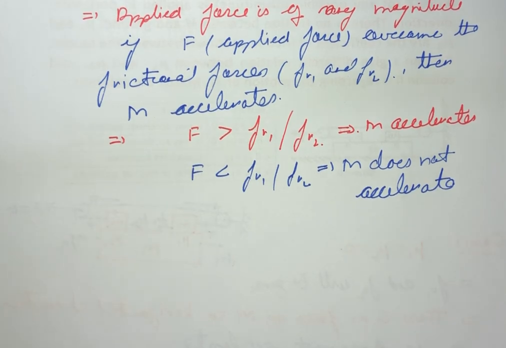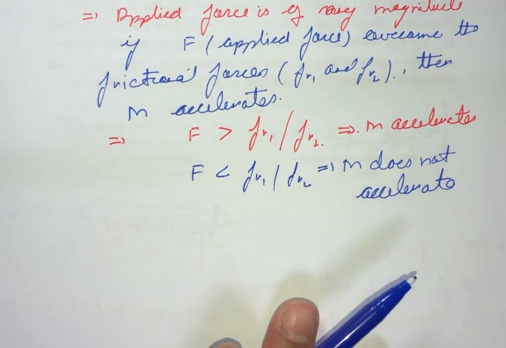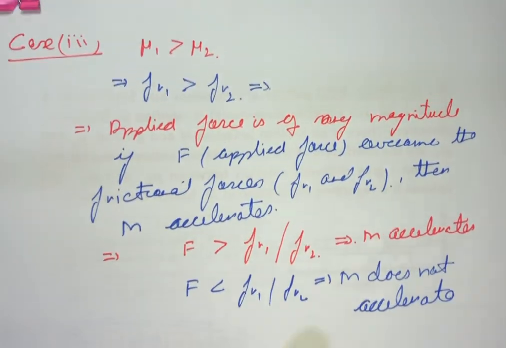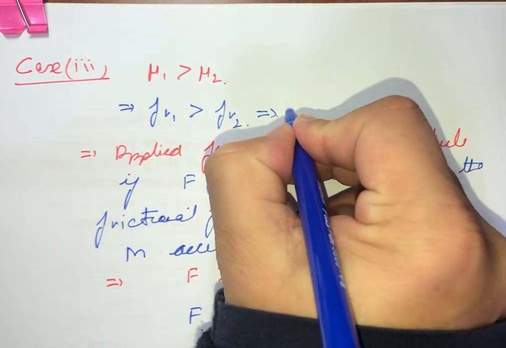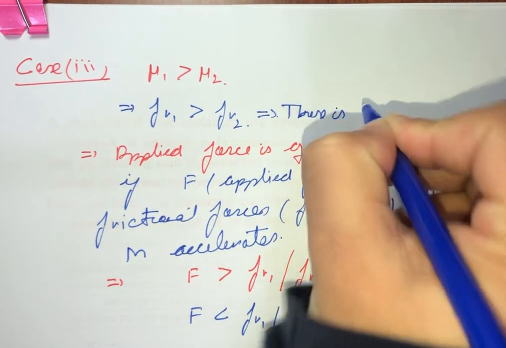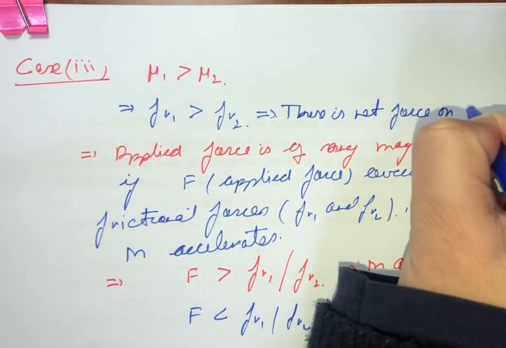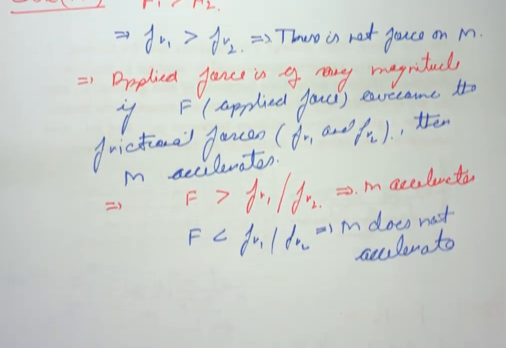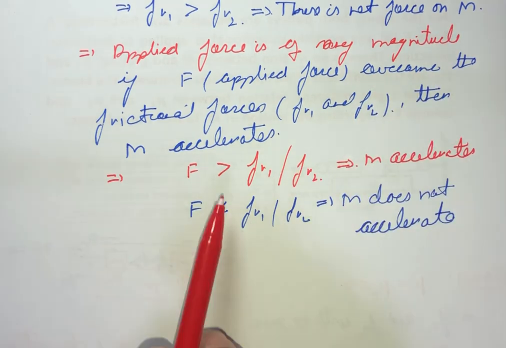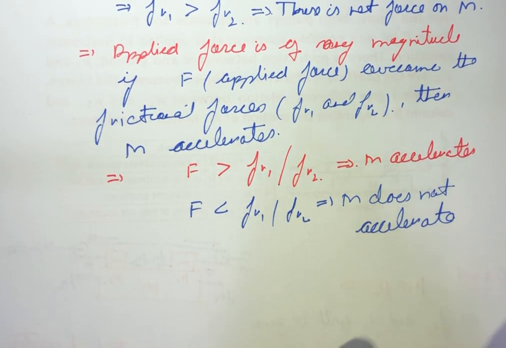So even though the values of the friction FR1 and FR2 are different, we can also say that there is a net force on capital M. Under these two conditions, M can accelerate and M does not accelerate.